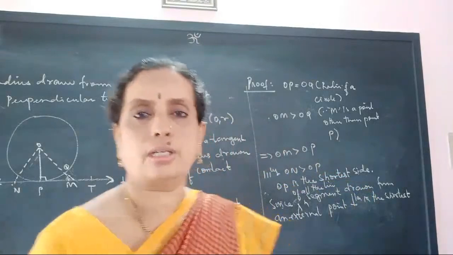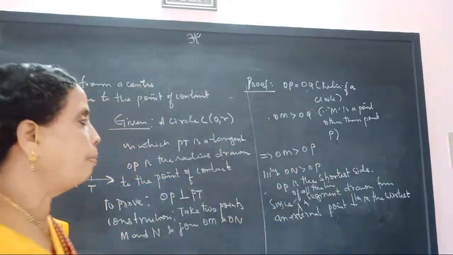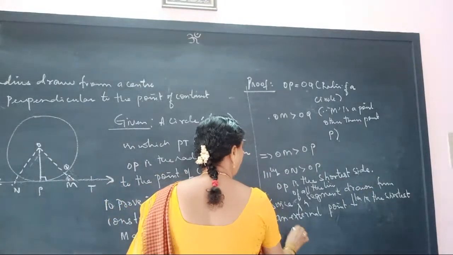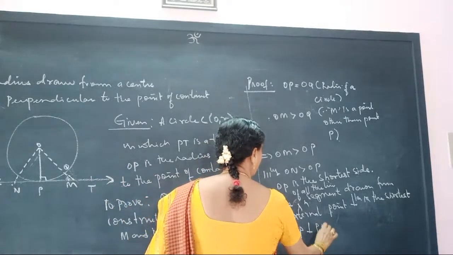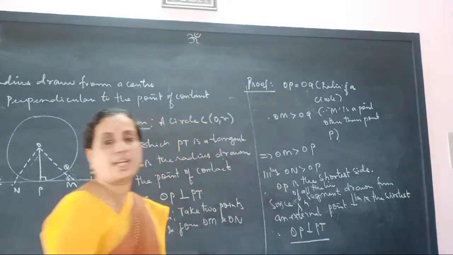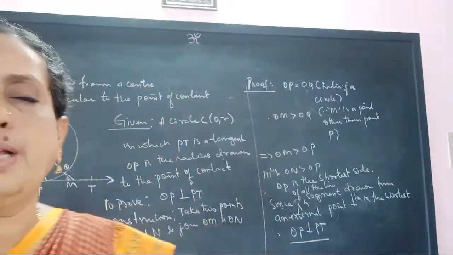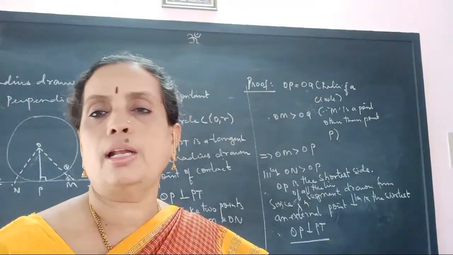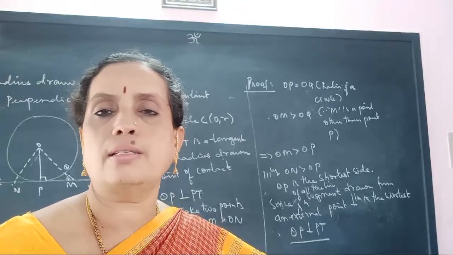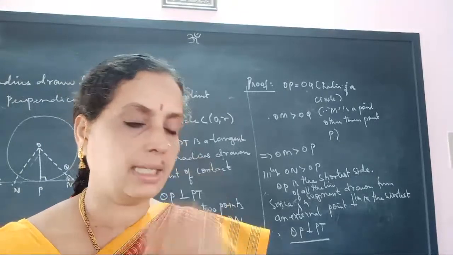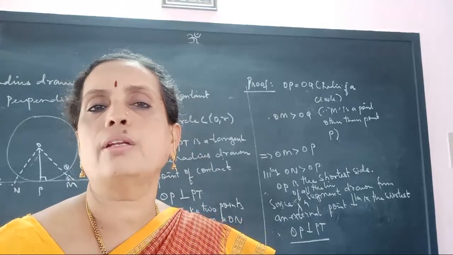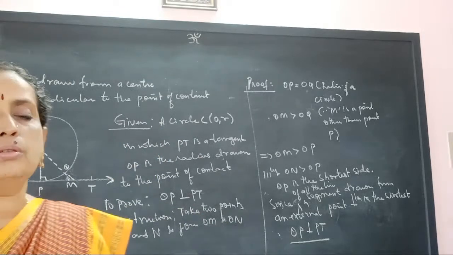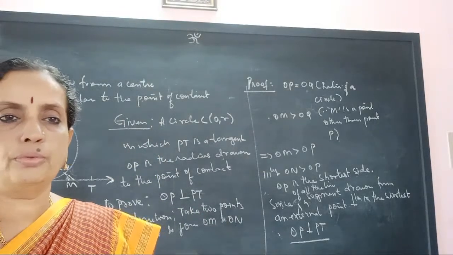So here we are considering OP is less than OM and OP is less than ON. Therefore, we conclude OP is perpendicular to PT. This is the logical analysis of the theorem. When the segment is shortest, it should be the perpendicular. So finally we conclude OP is perpendicular to PT. Hence proved. Clear?